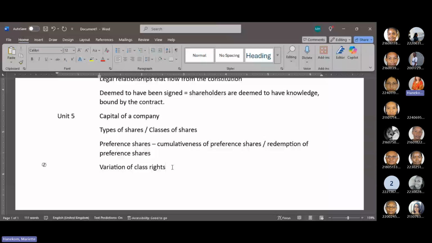If I can go back here to preference shares, also the concept of when they may vote. When do preference shares have voting rights?